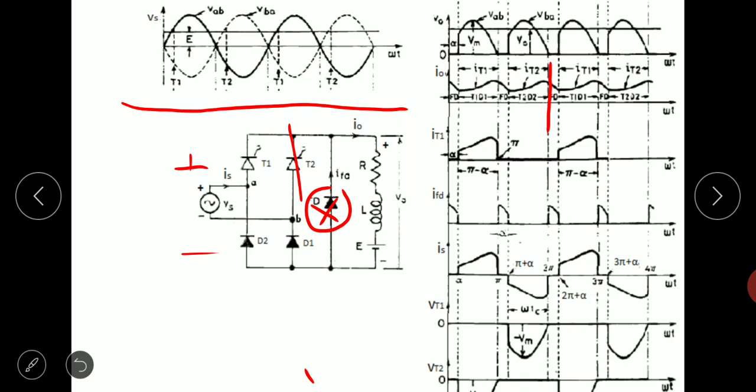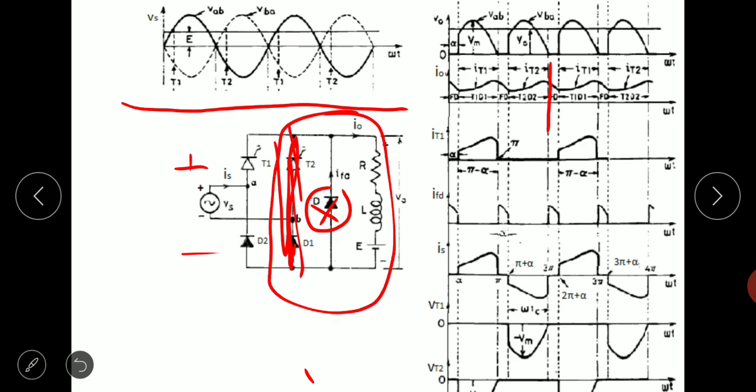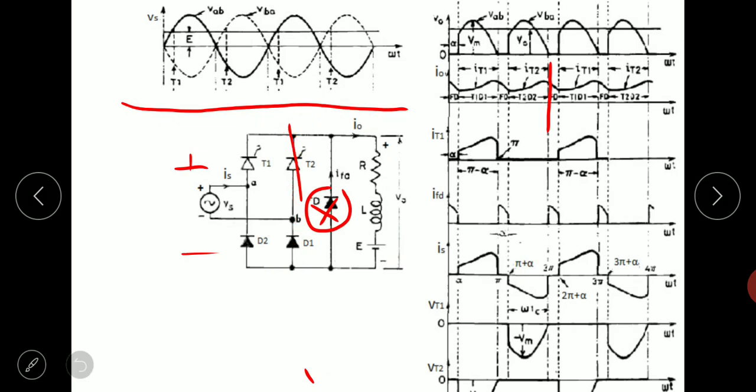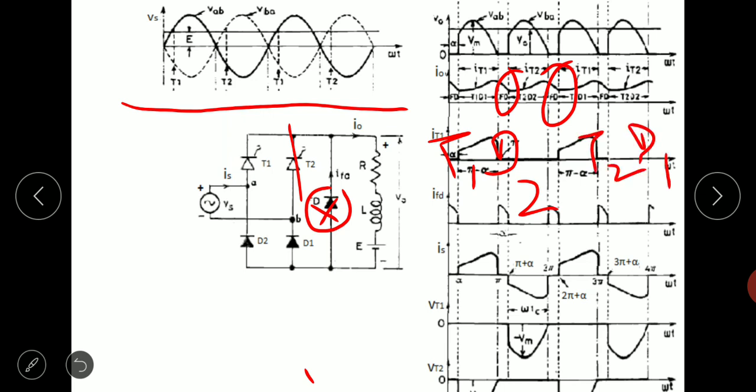That means diode D1 will get conducted, will get short circuited. Now the short circuiting will be through thyristor T2 and diode D1. The load current will flow through this path. So the first freewheeling action was occurring through thyristor T1 and diode D2, and the second freewheeling action is occurring through thyristor T2 and diode D1.